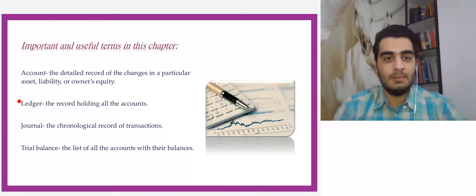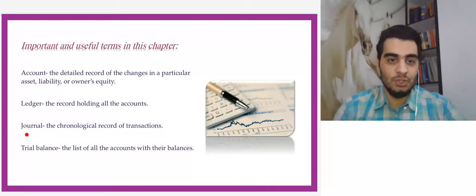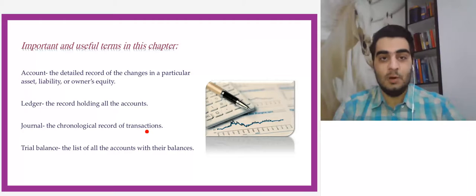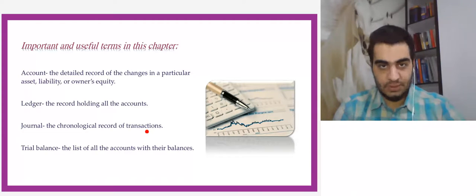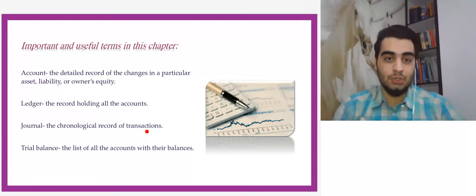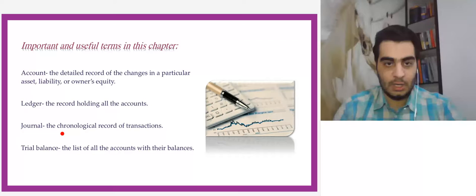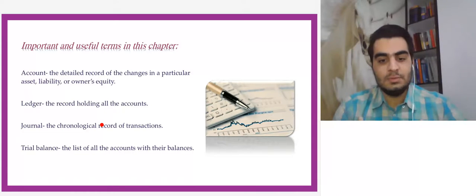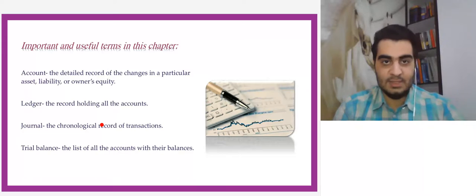The next one is ledger. But before I talk about this ledger, I'm going to teach you about journal. It says that it's a chronological record of transactions, which means, in other words, every transaction that is related to our business and concerns our company must be recorded in the journal first. And there's this important word, chronological, in here, which means that we have to record our transactions by the time they happen, in order of their happenings.